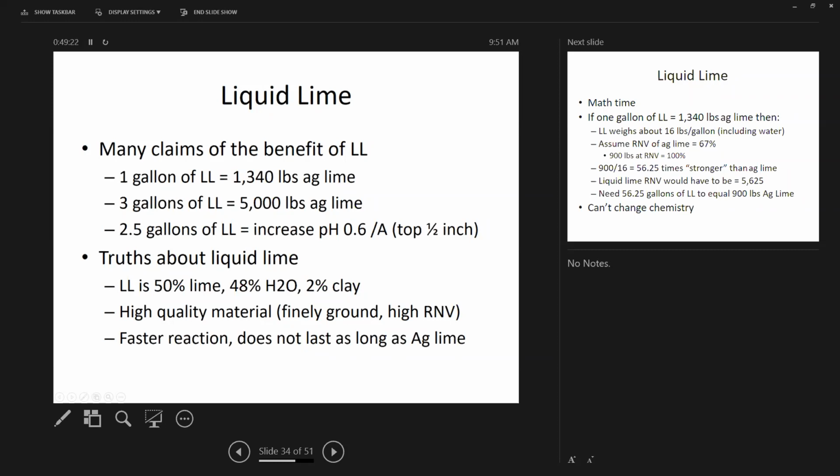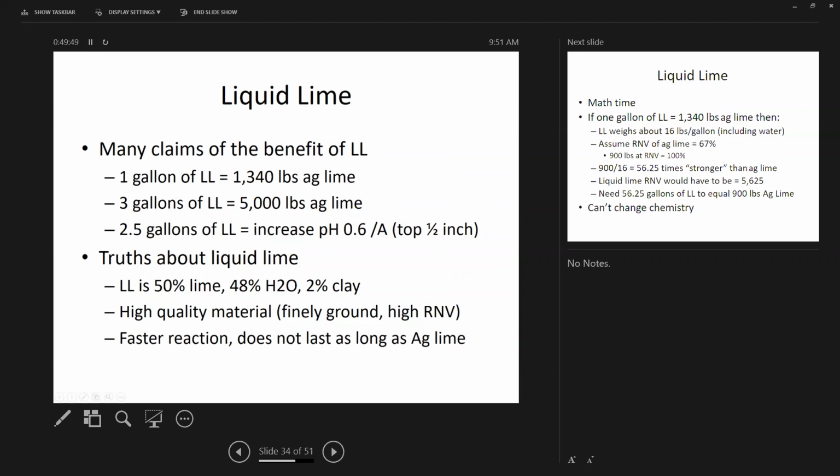So what is liquid lime? A true liquid lime, not calcium chloride, is about 50% lime. It's going to be calcium carbonate. About 50% of that jug is going to be water. You have to put it in suspension, and to help hold it in suspension, it's going to be about 2% clay.